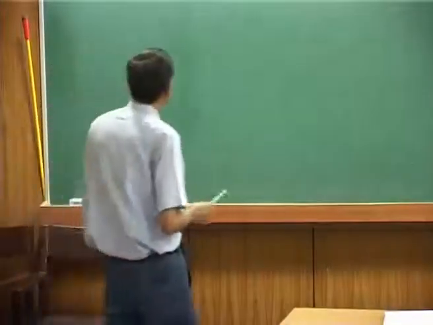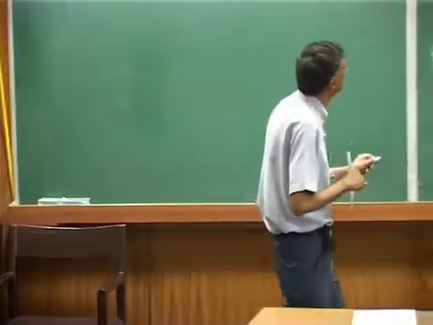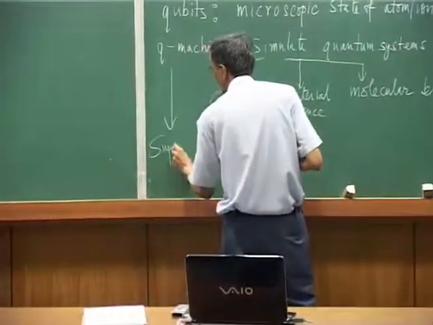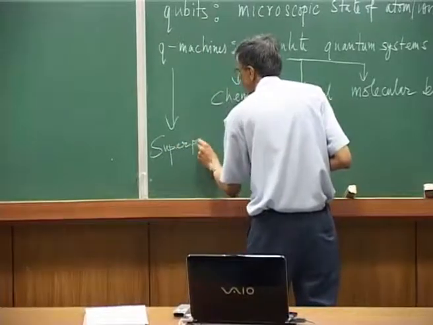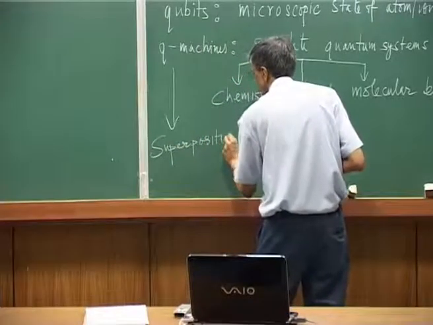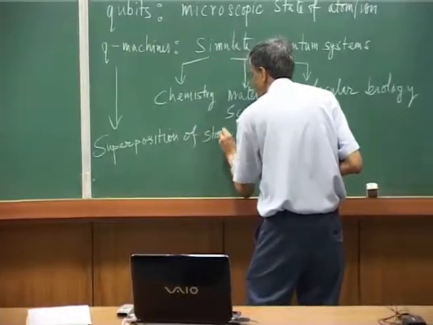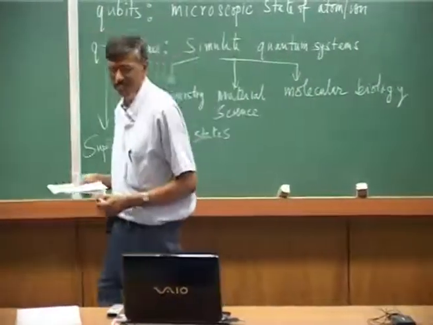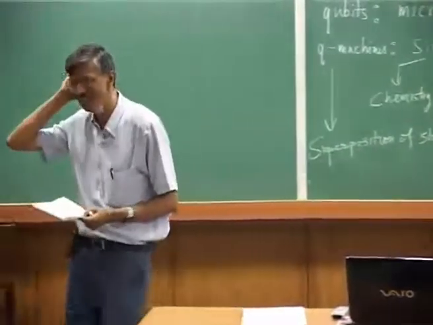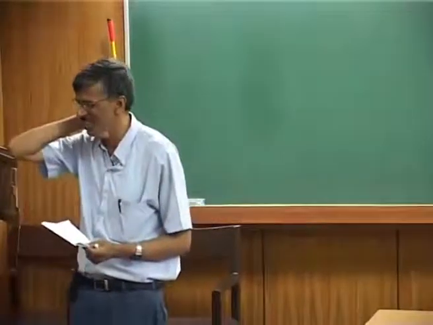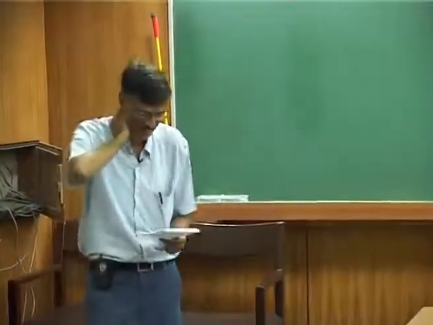So, basically in Q machines, quantum machines, you depend upon what we may call superposition of states. But by definition, quantum mechanics is a very hypersensitive system, right. You measure something and everything else is affected. So, what happens as a consequence?